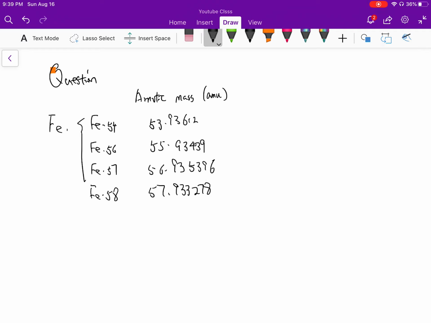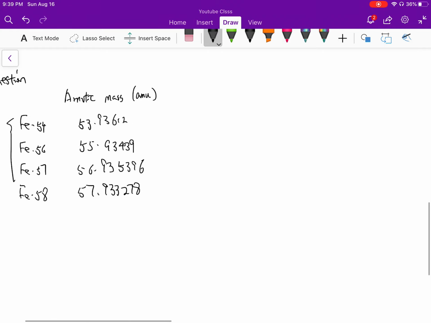I know lots of these numbers are really bothersome, but this is just how accurate science should get. And secondly, they will tell you the abundance. So this will be in percentage, right? So this will be 5.8, 91.72, 2.2, and 0.28.